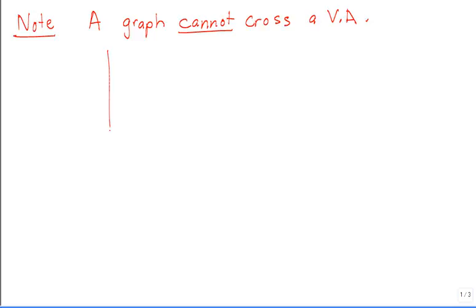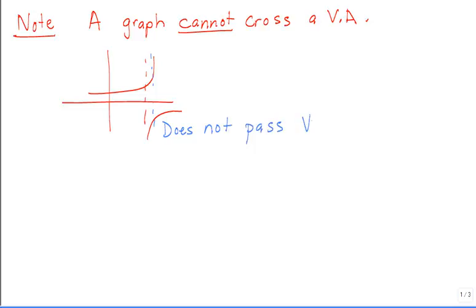And the reason being is, okay, if you had a graph and it crossed a vertical asymptote, then you had another graph down here, then it does not pass the vertical line test. It means for each x there's more than one y. So it's not a function.